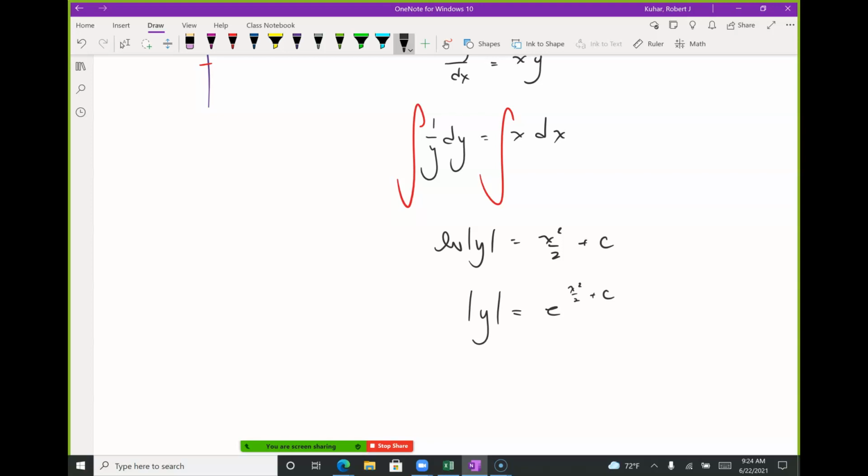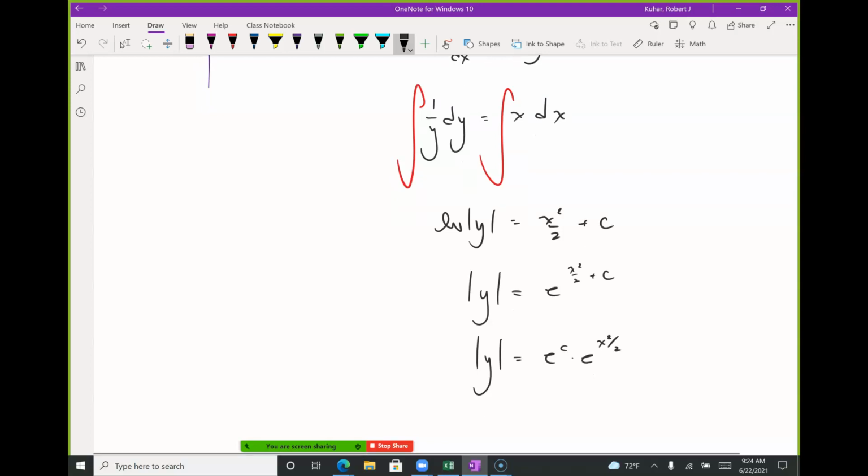And it's usually around this point that I would try and do something with that constant c. Absolute value of y, in the book, is generally written as e to the c times e to the x squared over 2. Right? Because when you're multiplying like bases, you're adding exponents. So if you're adding exponents, you could change it into multiplying like bases.